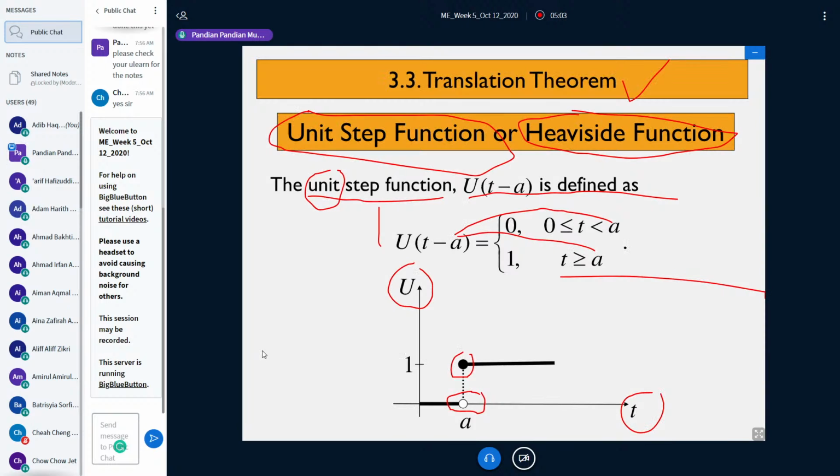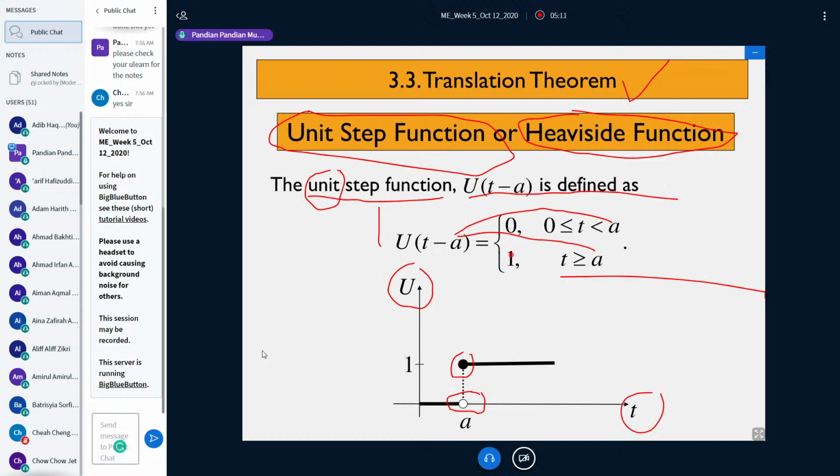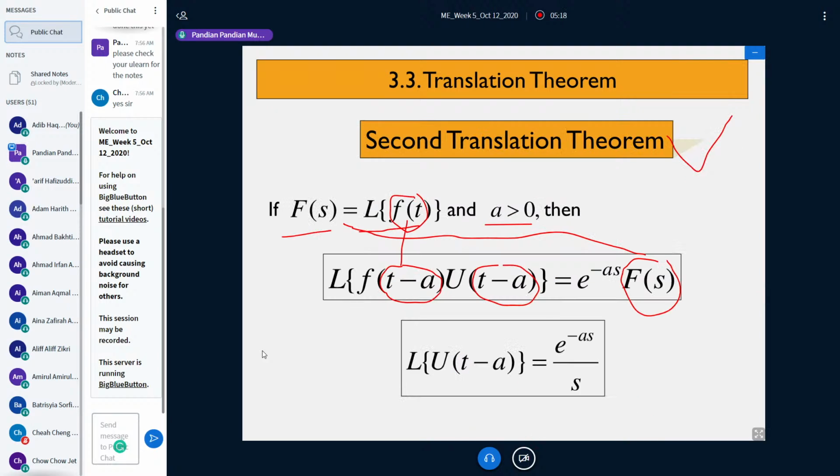Because this f(t minus a) u(t minus a) is 0 and 1, so 0 has no value.